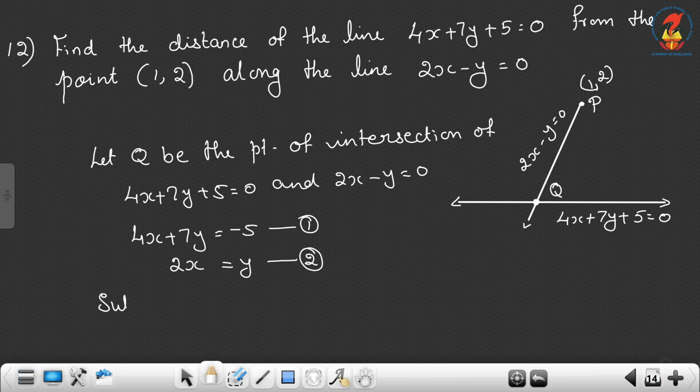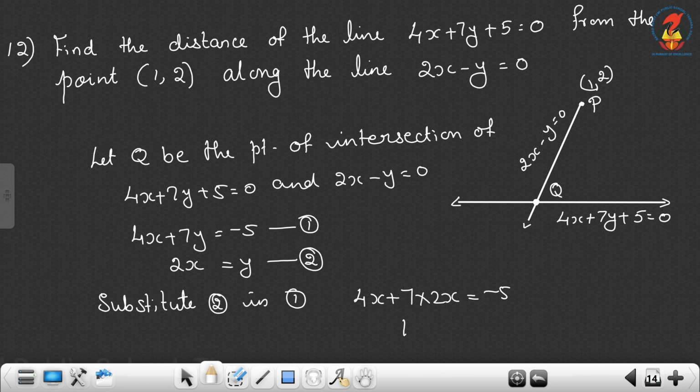Substitute 2 in 1. That is the easy way. Elimination also you can do, but this is easy. 2 in 1 means 4x plus 7 into, what is y? 2x. 7 into 2x is equal to minus 5.